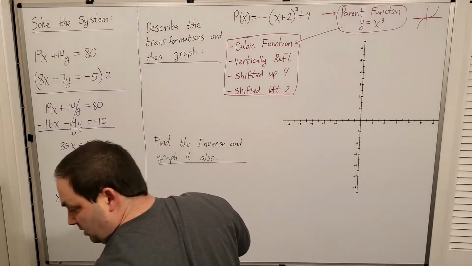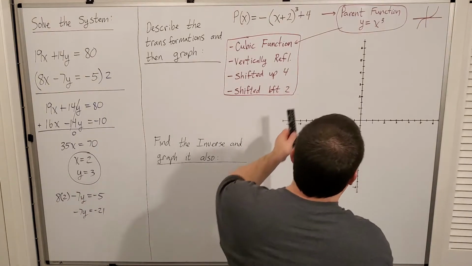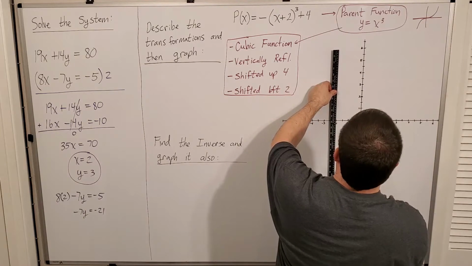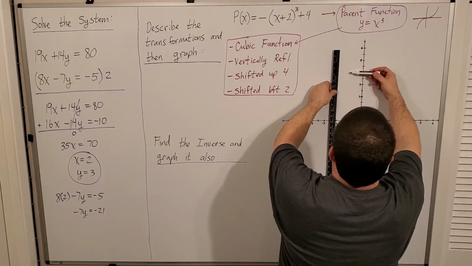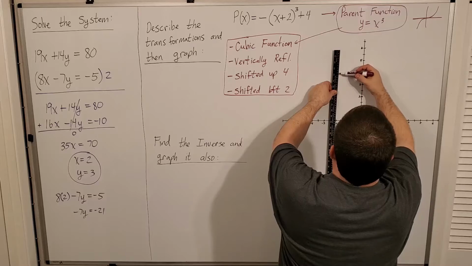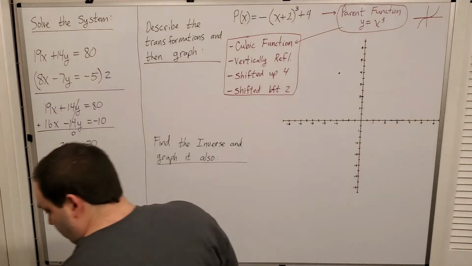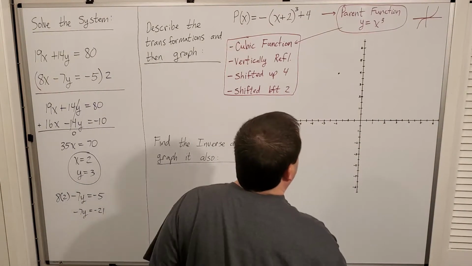Okay, so let's use my handy dandy yardstick here. And I know you wouldn't always necessarily need to be this precise on your paper. I'm just trying to be as helpful as possible.